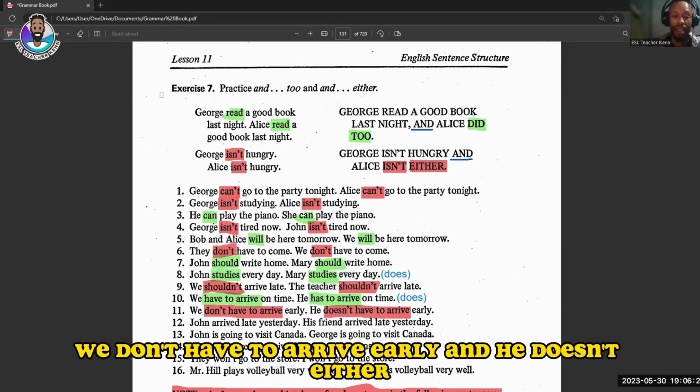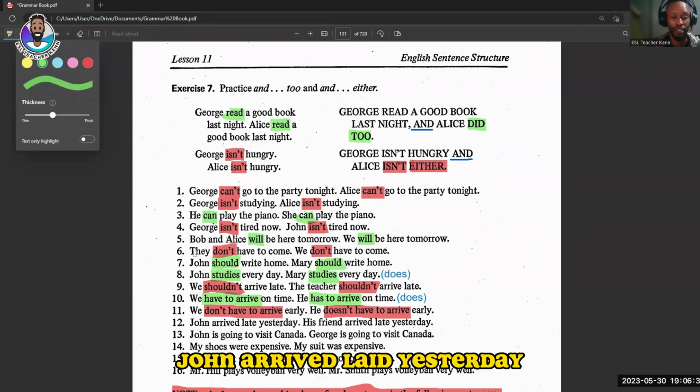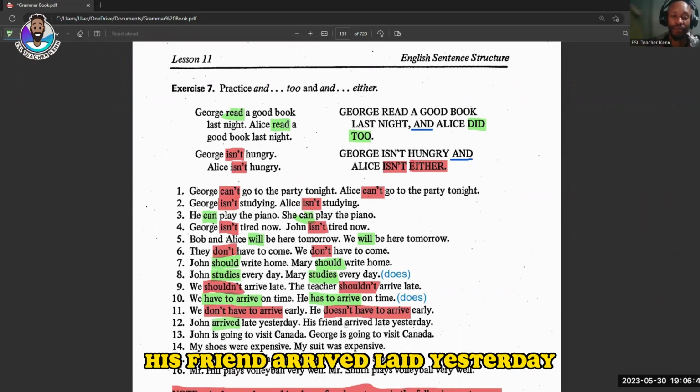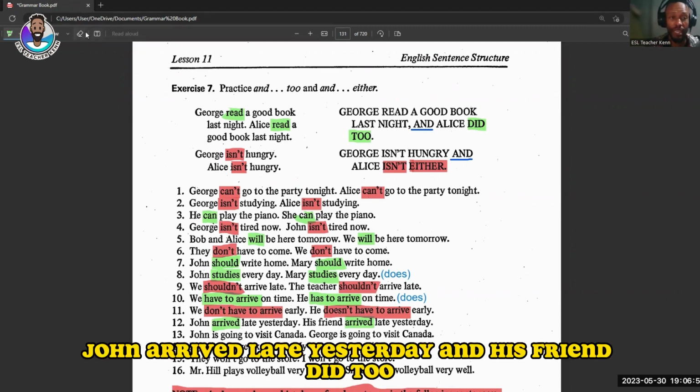We don't have to arrive early, and he doesn't either. John arrived late yesterday. His friend arrived late yesterday. John arrived late yesterday, and his friend did too.